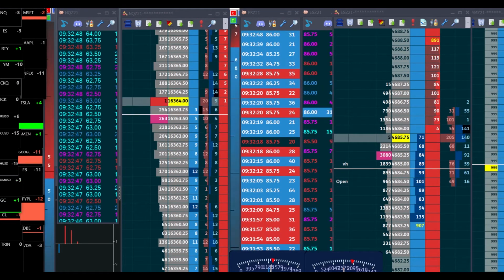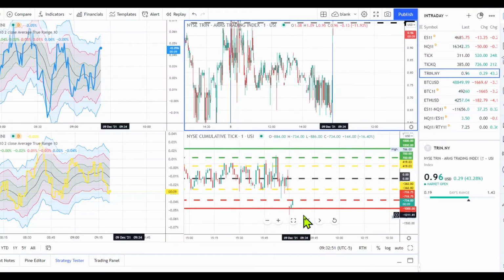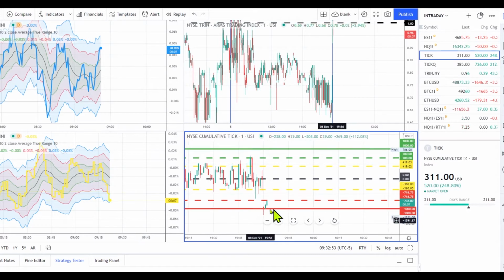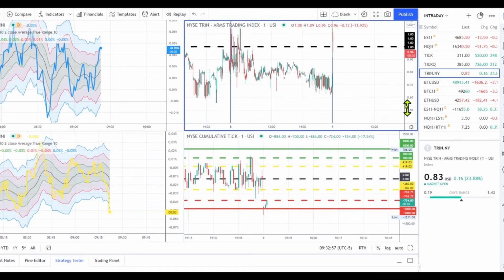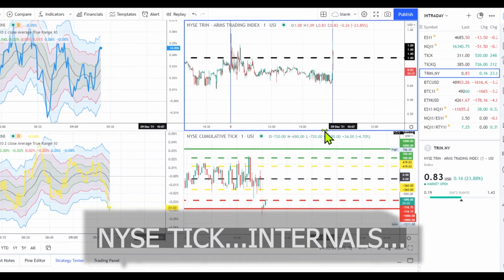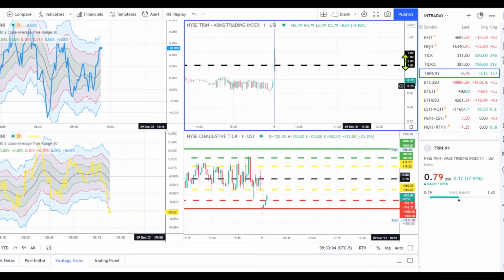Yeah, so top screen, here we are. So we opened pretty much very close to the extremes here. And looking at this right now, it doesn't look like we're going to get any kind of good momentum.